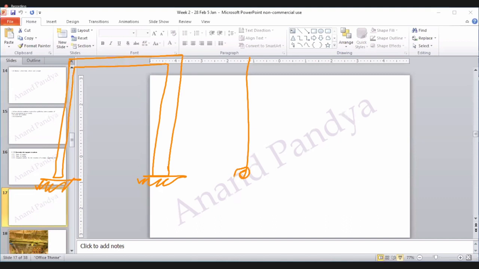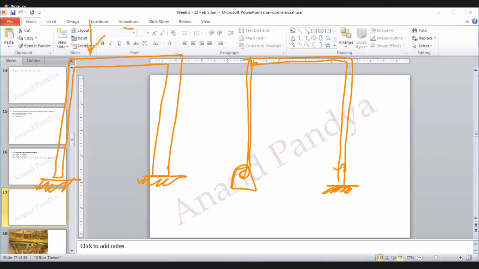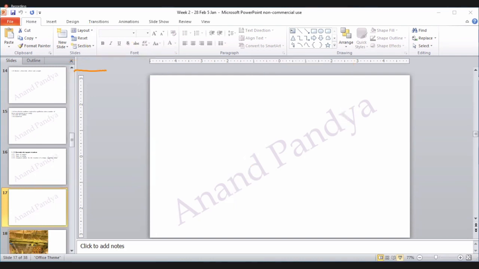Maybe a frame has a hinge support over here, and here it is fixed. Right? These are the frames which can be loaded. Then there can be frames which are three-dimensional.